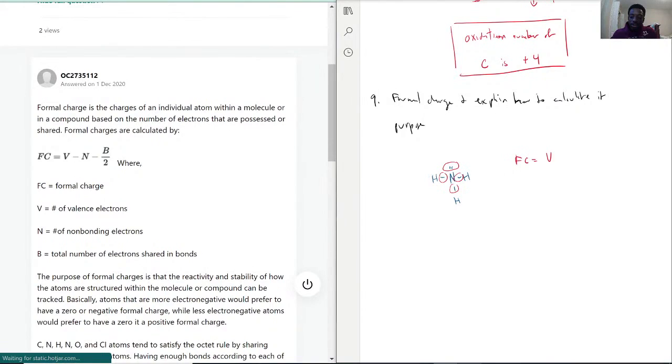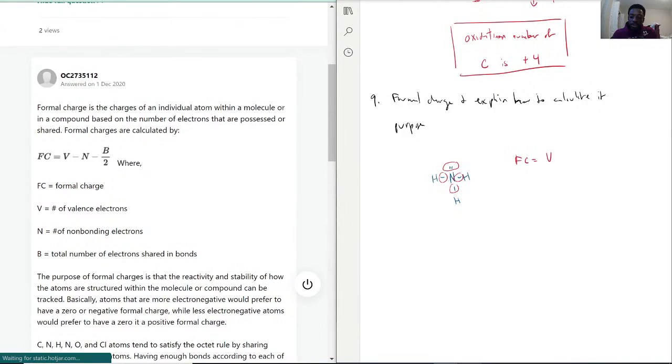I like to think of it as lone pairs times 2, but you just count exactly how many electrons aren't bonding anything. Plus, in the brackets, the number of electrons shared in the bond, divided by 2, because if you're sharing them, you're technically having one of those 2.